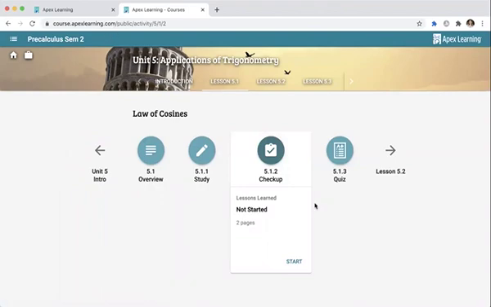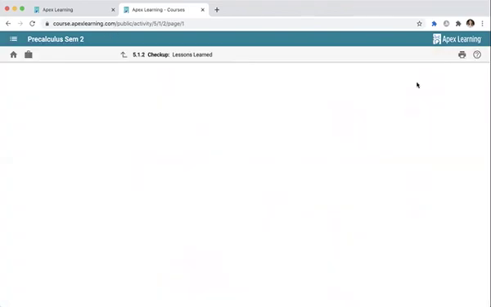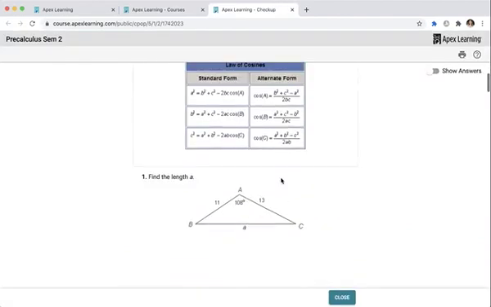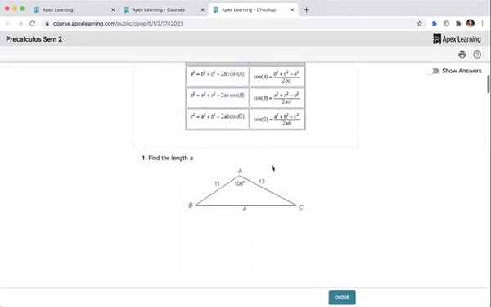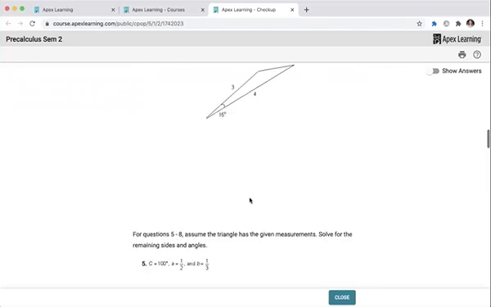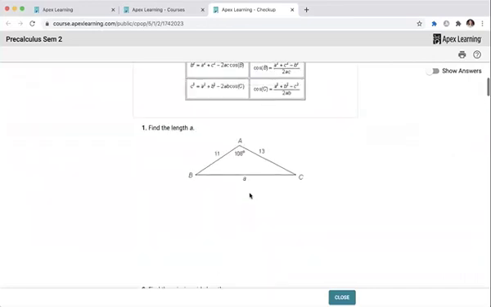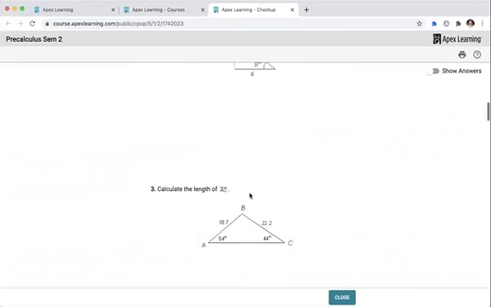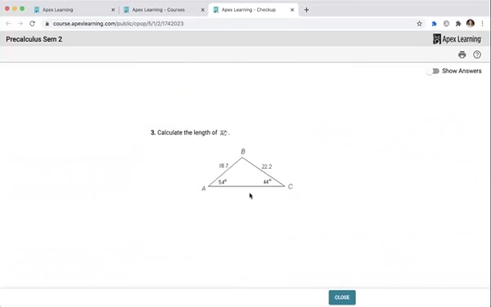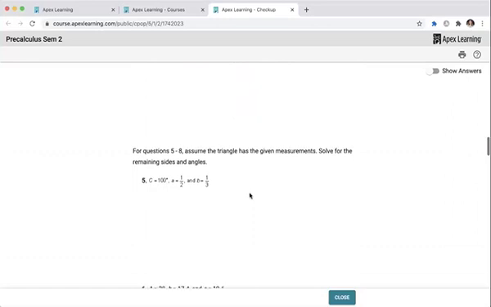All right. So then quickly looking at the checkup, obviously it's going to be a good idea for you to work through some of these problems. Of course, formulas are given to you, but with a lot of these problems, especially these first ones, it is all about drawing a picture or looking at the picture and understanding, are you dealing with a side angle side or a side side side triangle?